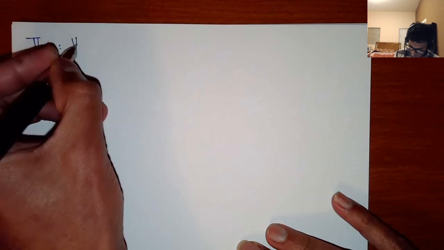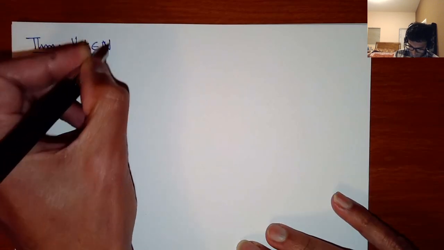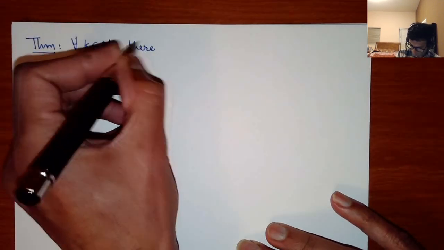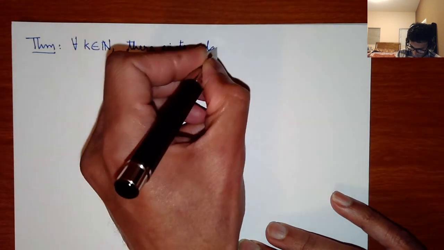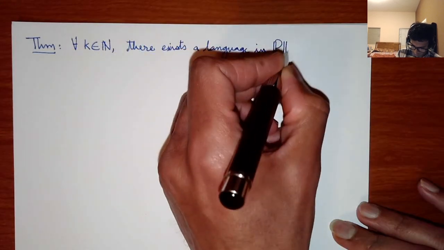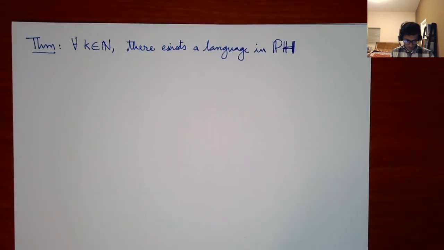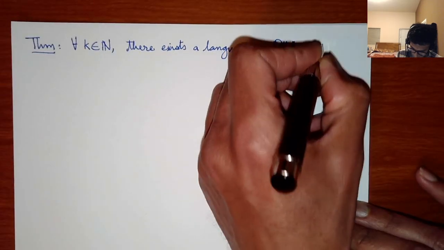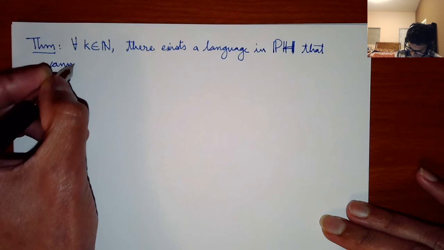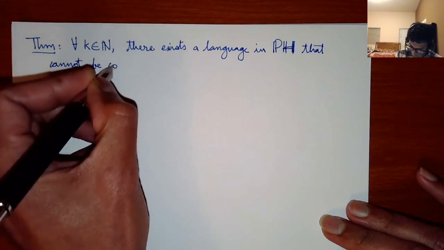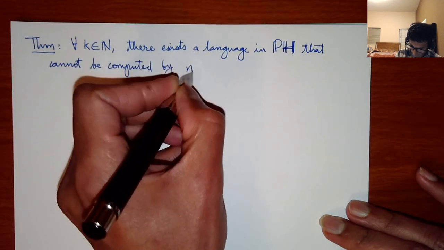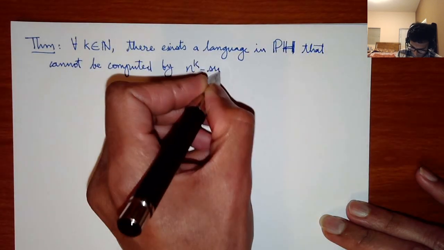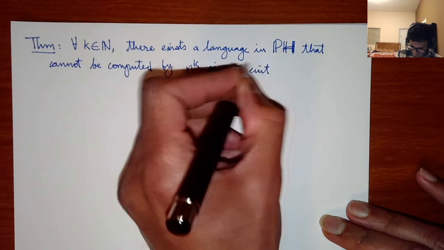It says that for all k in N, there exists a language in the polynomial hierarchy, indeed even Sigma 2 is enough, that cannot be computed by an n to the k size circuit family.